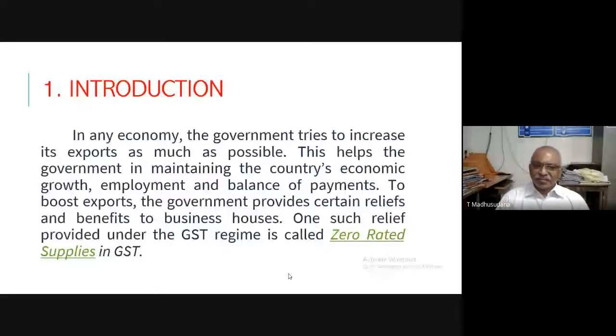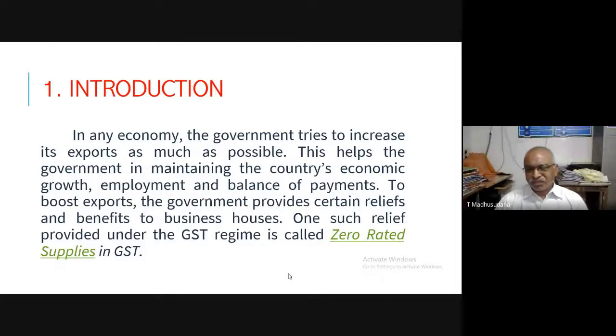That means if any country has an excess of exports over imports, that country's rating will be improved on the international stage.